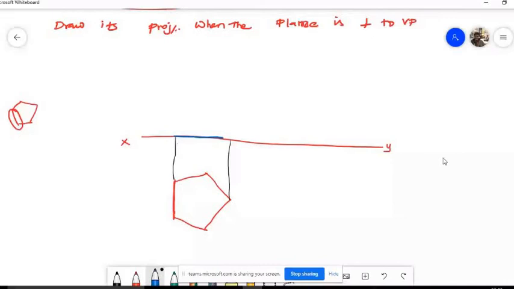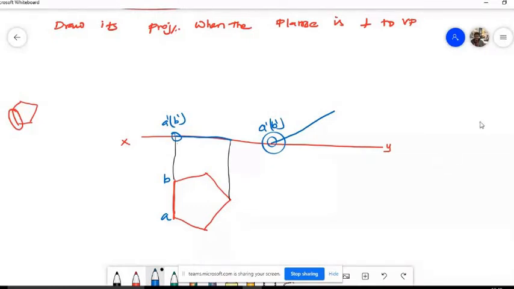Then you need to keep this fixed and apply the surface inclination. If you do that, you will get something like this. Look here, this corresponds to, say, let's take this as BA. This will be A dash, B dash in bracket, and this will be A dash and B dash in bracket. So it is satisfying the resting condition. That is how you need to draw. Is that clear?